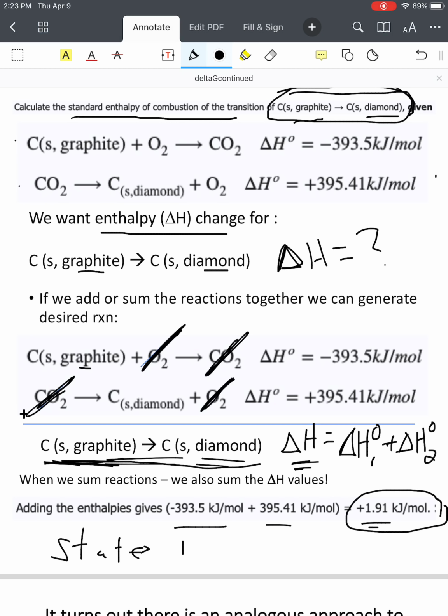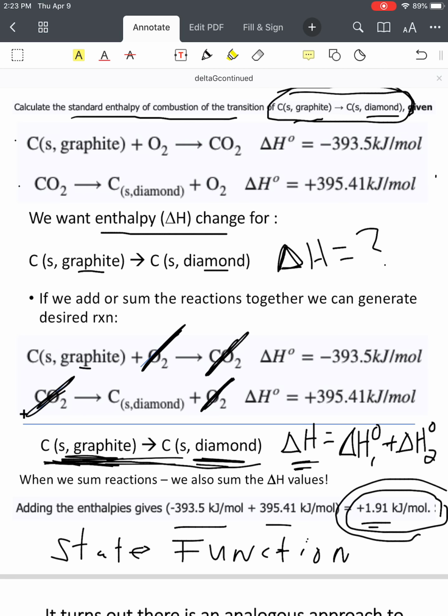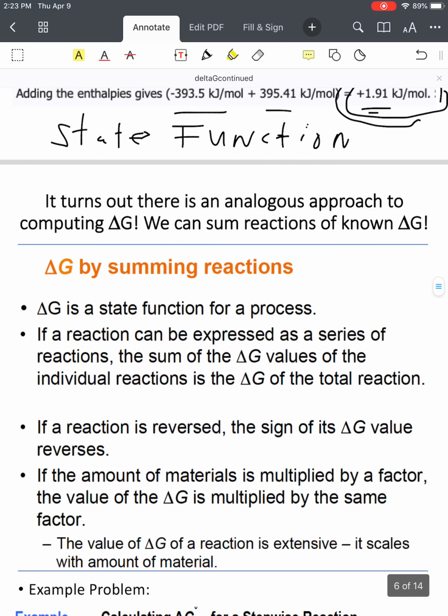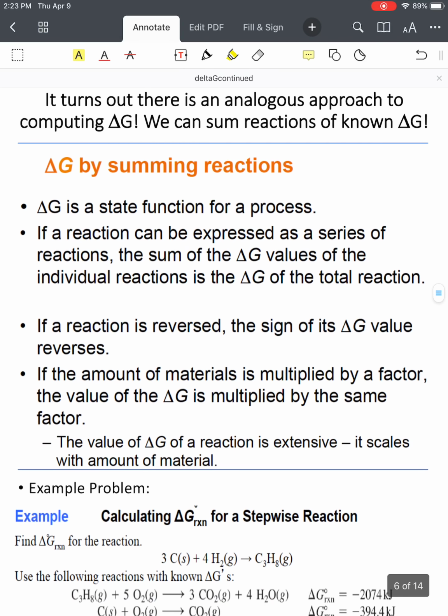But because delta H is a state function, it doesn't matter which way I go from the starting point to the final point, as long as I get from here to here, my delta H0 is positive 1.91 kilojoules per mole. All right, so you work those types of problems. That's a Hess's law type of problem.